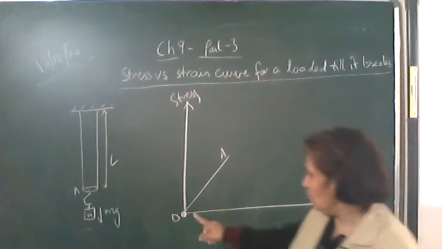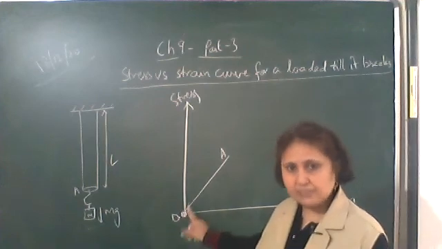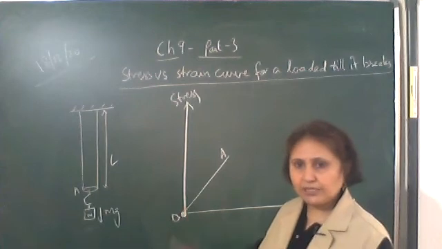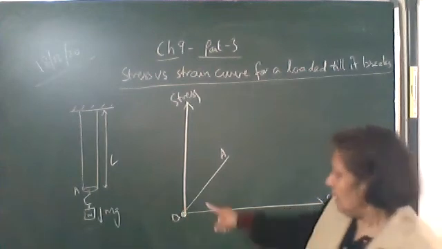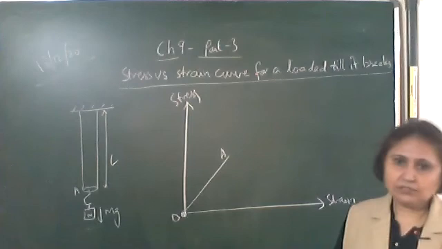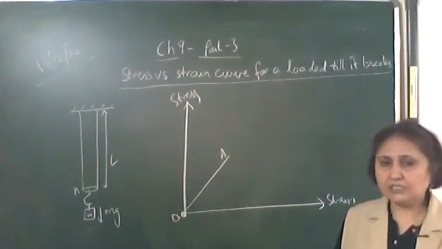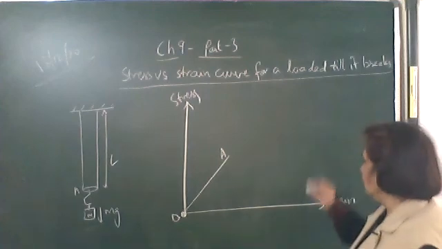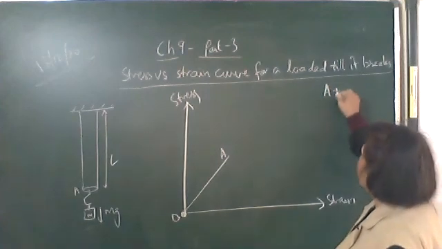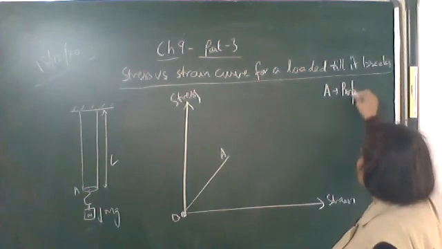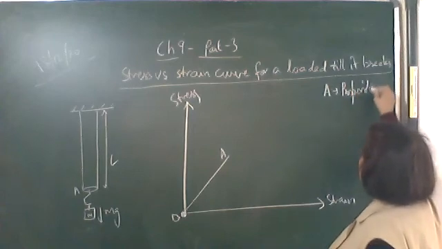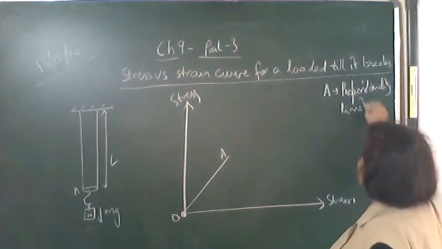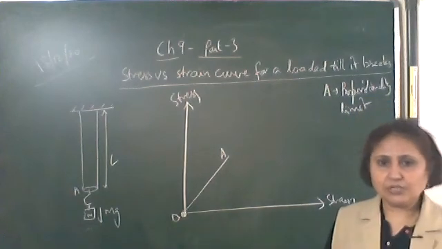So point O means no stress, no load on the wire. Now as the stress is increased, the strain also increases by the same amount according to Hooke's law. So we reach a point A, which is called the proportionality limit, that is, stress is directly proportional to strain.